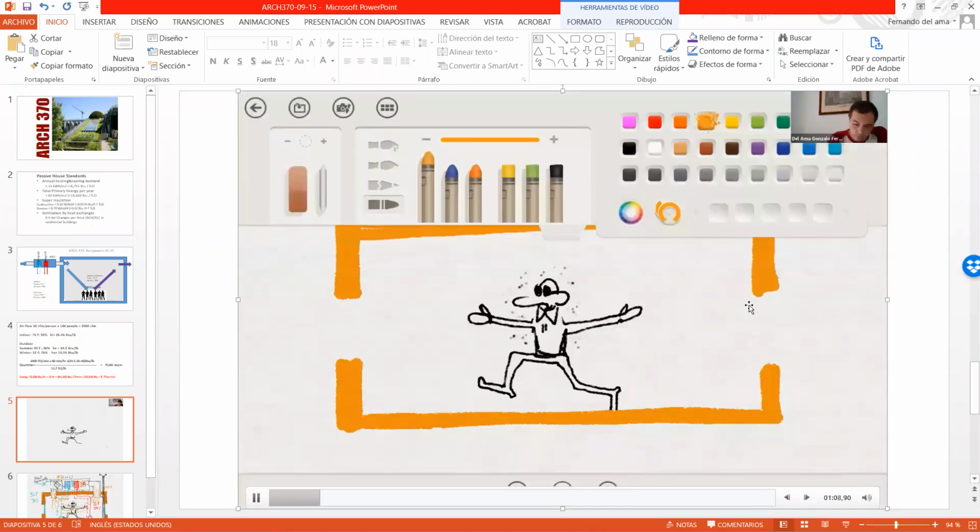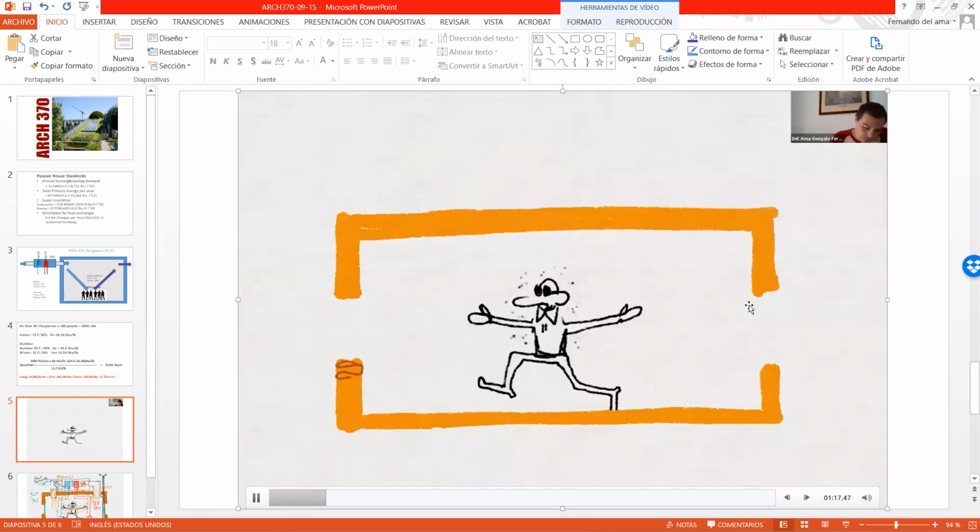And now this is the thermal insulation. There you go. This symbol is always for thermal insulation, and we need an envelope with thermal insulating materials.